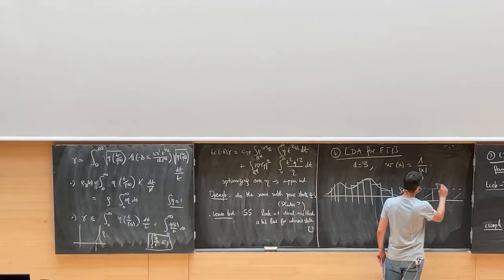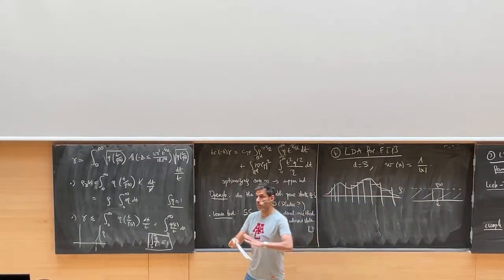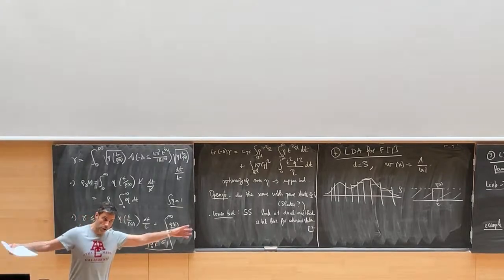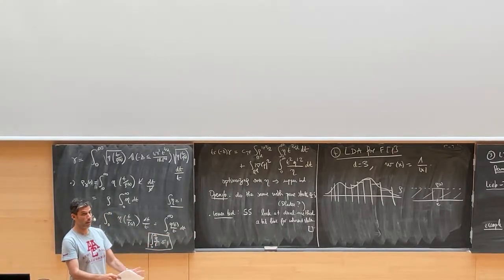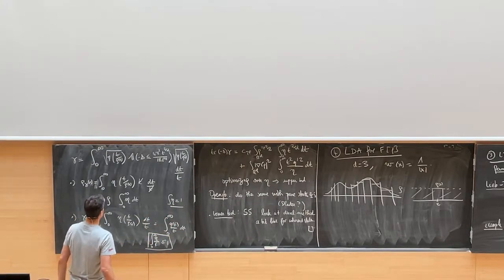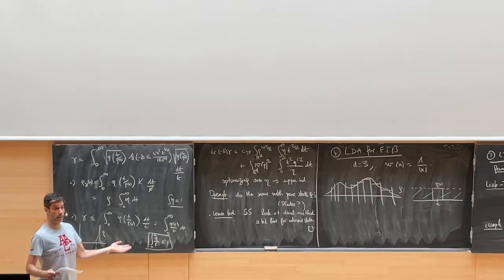So here you have rho of x, you are in the neighborhood of a point x. We will introduce an infinite gas that has constant density, and we will use the energy of this infinite gas locally. That's LDA. Exactly as we did with the free Fermi gas, whose energy is this gamma. Okay, so now we have to do the same, but with an interacting problem.